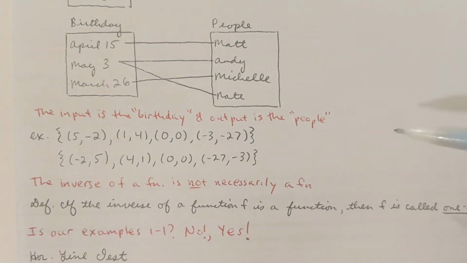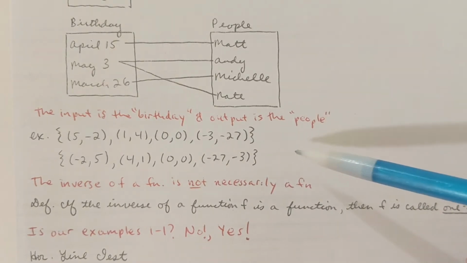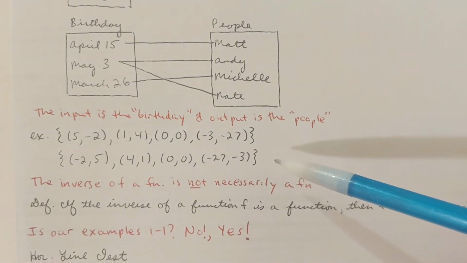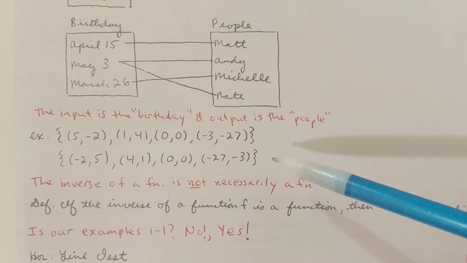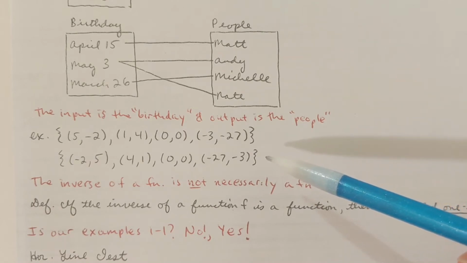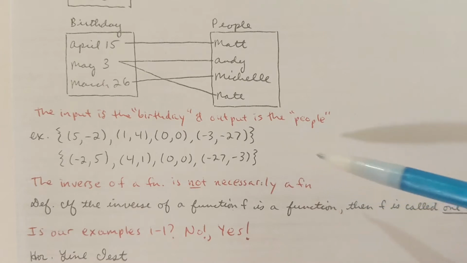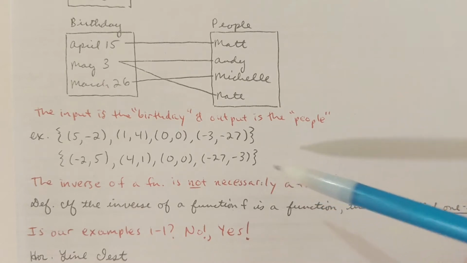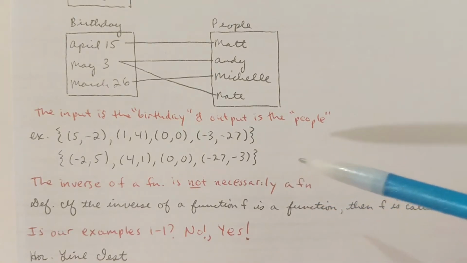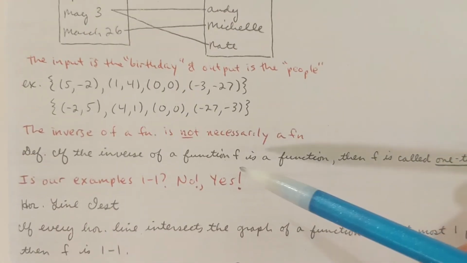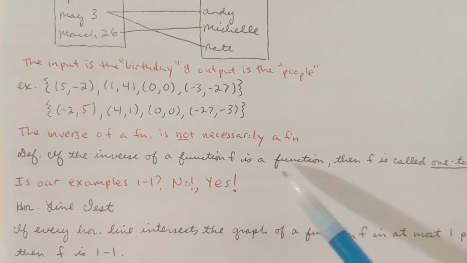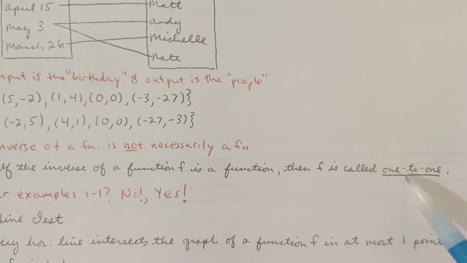You want to write that as a set of points, and so that would be the inverse of f. Now, the inverse of f is a function for this one. Definition: if the inverse of f is a function, then f is called 1-to-1.